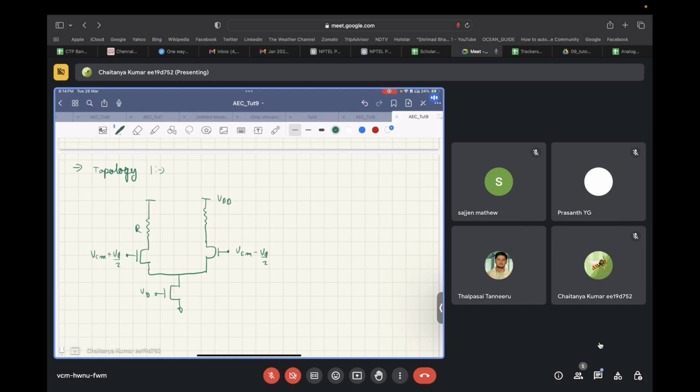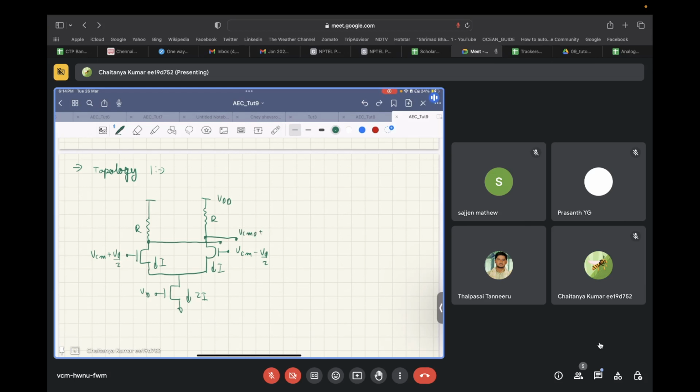This is some VDD. This is a resistor. And here we have some current 2I, and an equal current of value I flows in both the branches. So this is the basic topology of a fully differential amplifier.